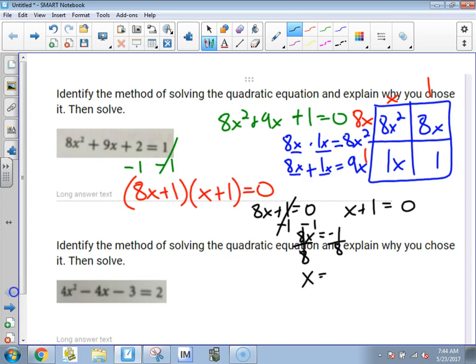So x equals negative 1/8. That's one answer. The other one, nice and easy. x equals negative 1. So two answers. Negative 1 and negative 1/8. Those are the answers to the first quadratic equation.